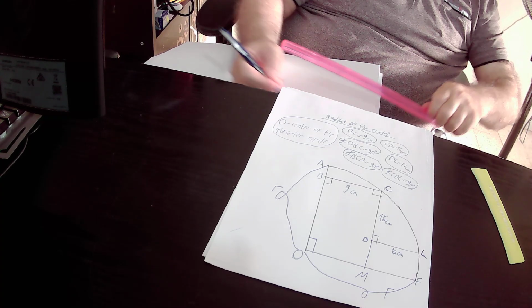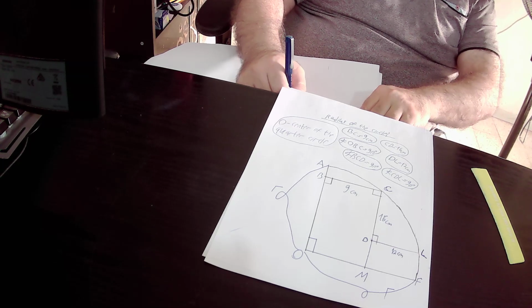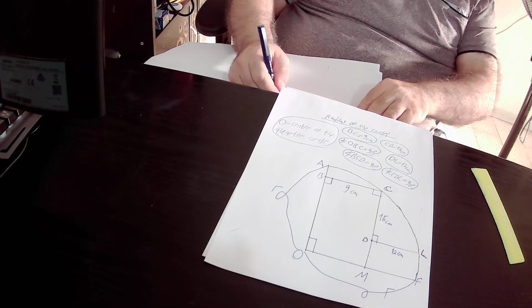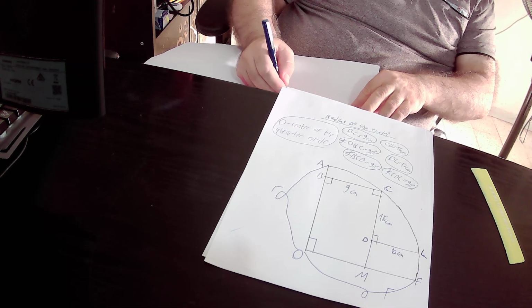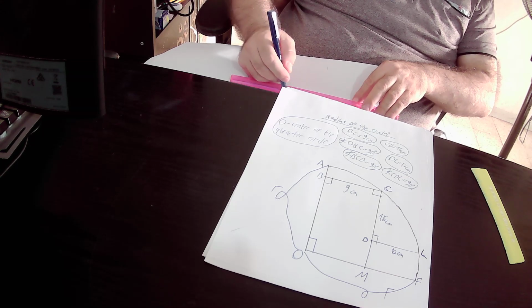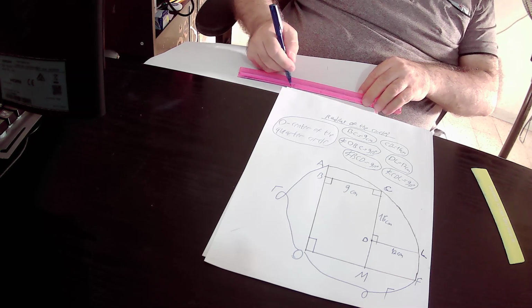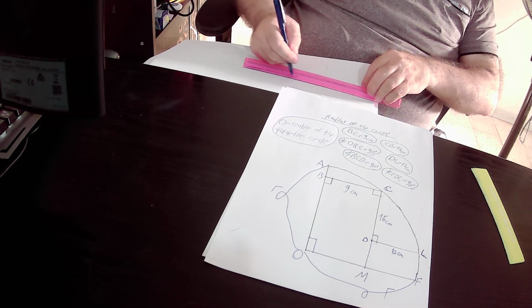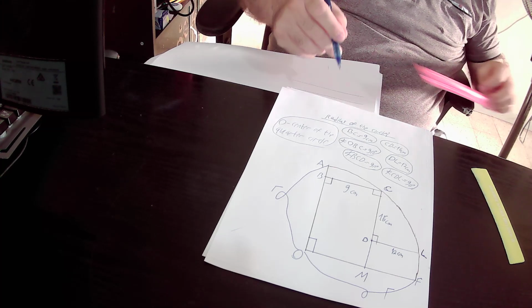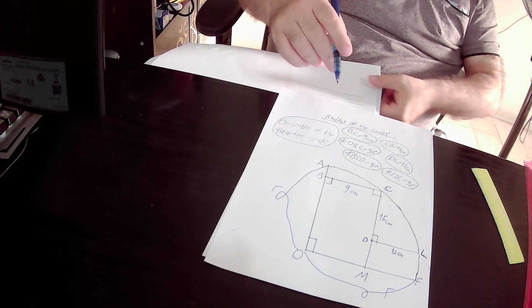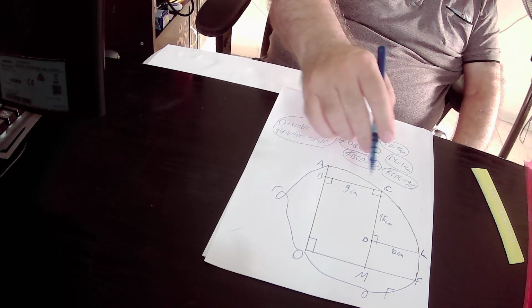and inside quadrilateral BCOM we have 1, 2, 3 right angles.